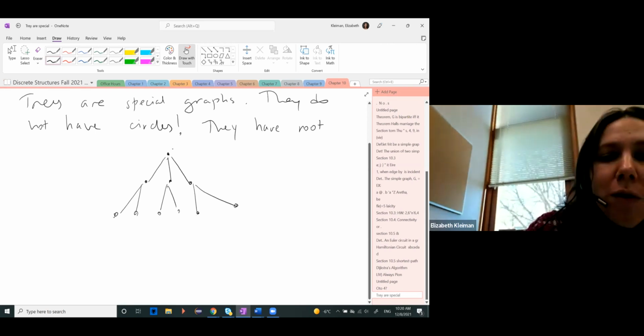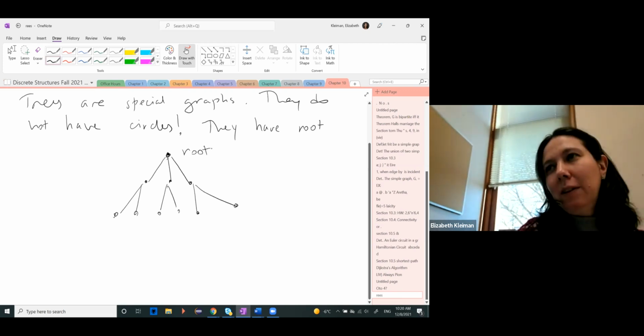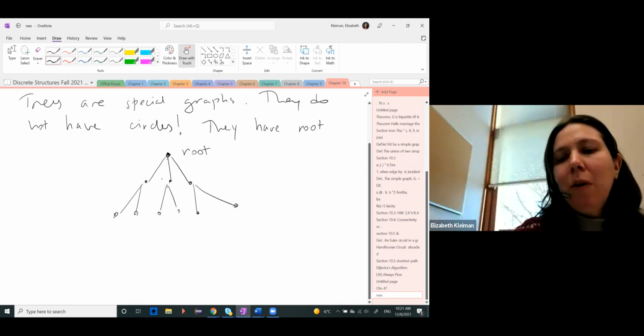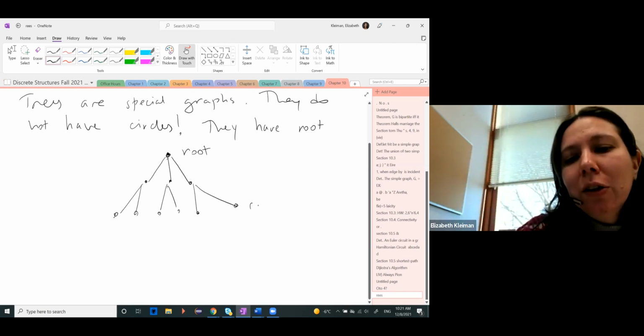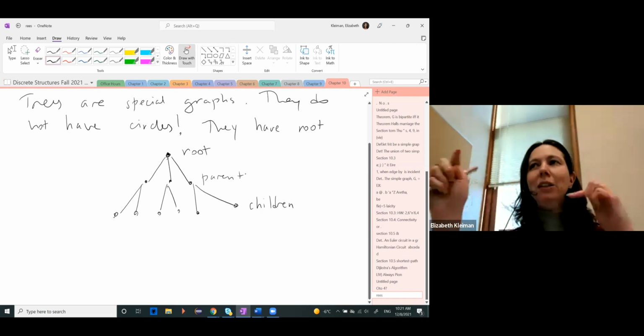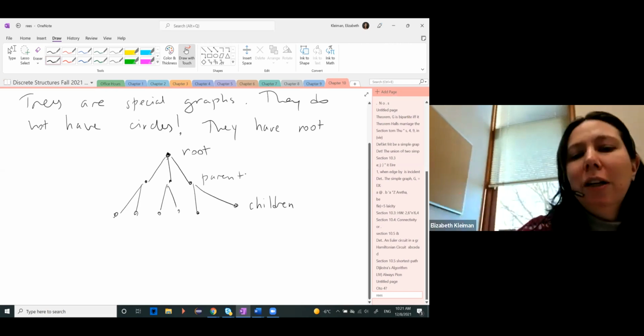The very top one is called the root. Everybody you're connected to on a level below are children, and there is a children-parent relation.